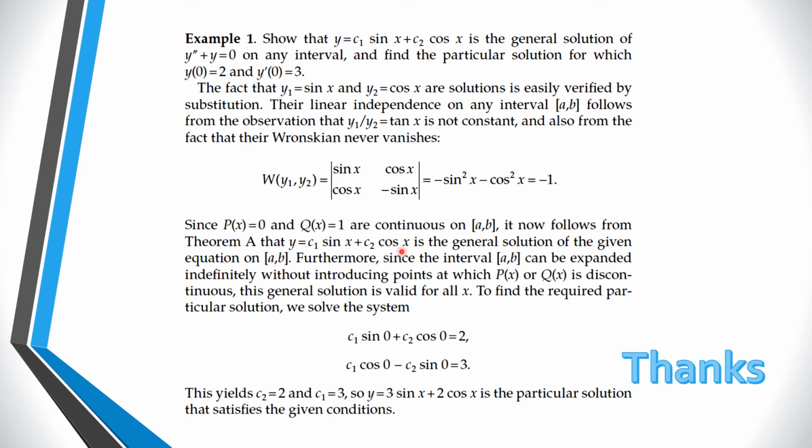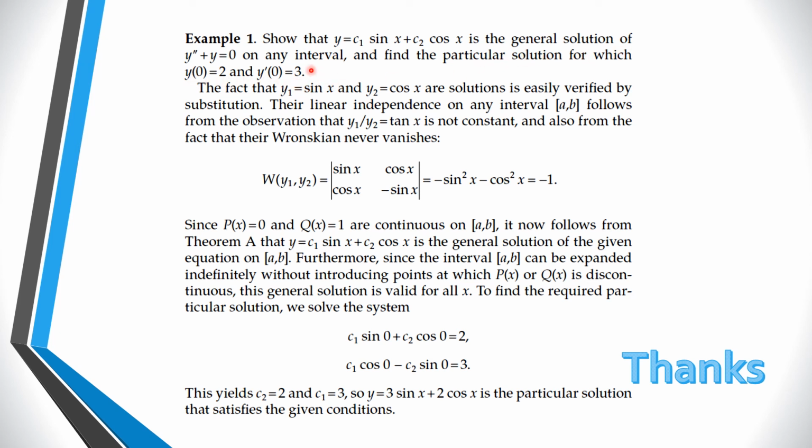So thus whenever y1 and y2 are linearly independent, meaning their Wronskian is not 0 on the interval AB, then c1 y1 plus c2 y2 is the general solution of the given equation. Further, in this question, we need to find the particular solution for which this condition holds.